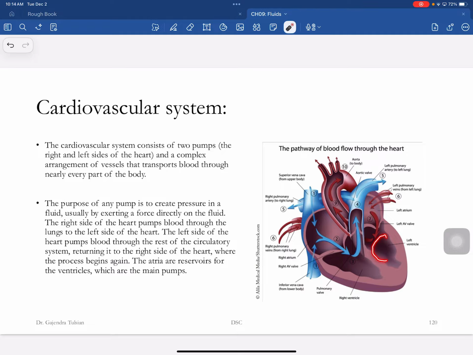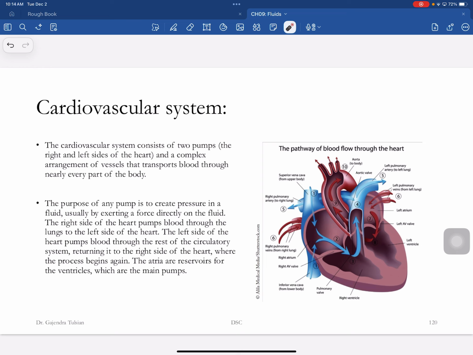This pump has to be stronger because it's got to pump blood through the entire body. This pump, what is it doing? It's sending blood to the lungs. Not that far. And this pump has got to send through a longer pipe, so to speak. So this pump has to be stronger.